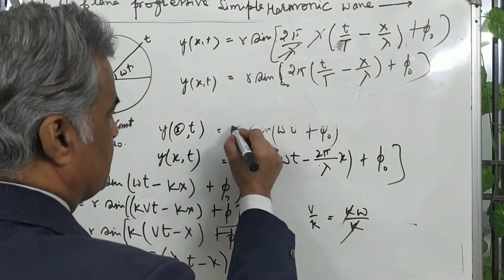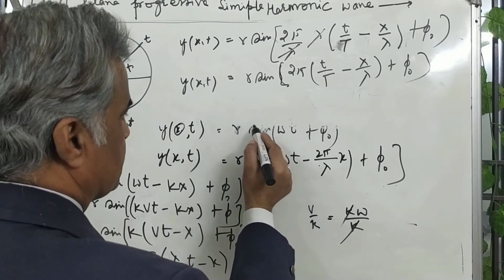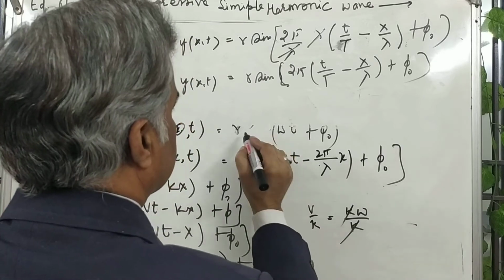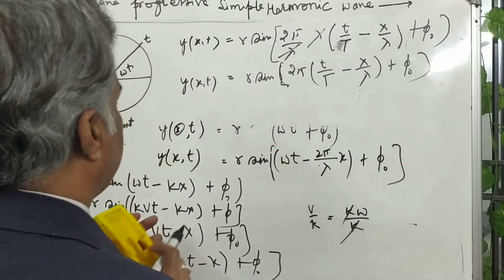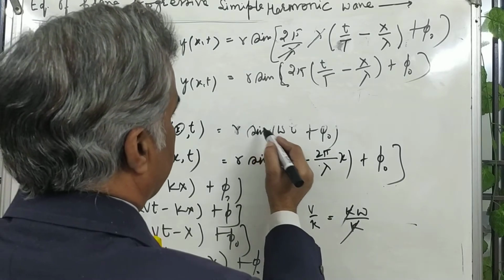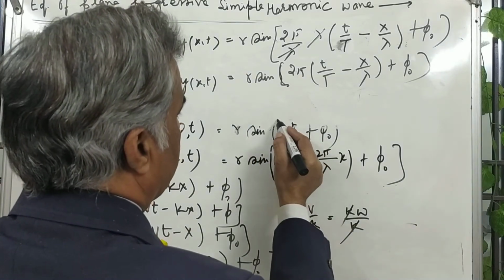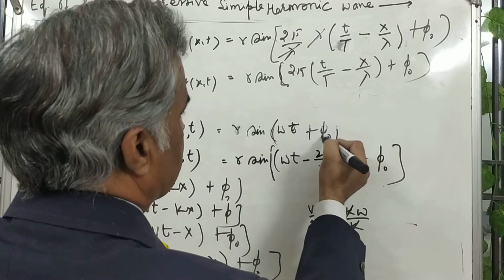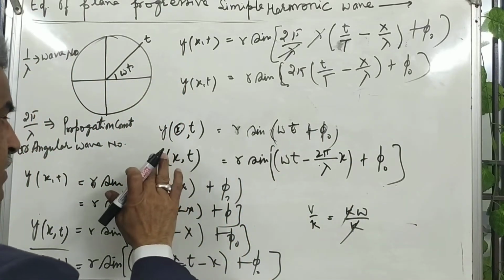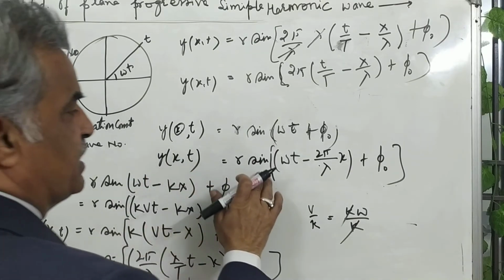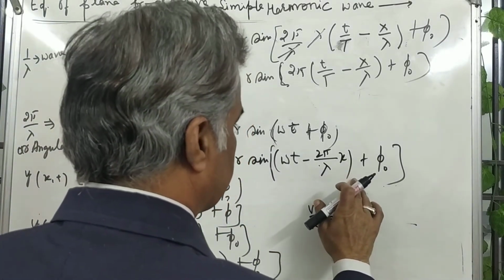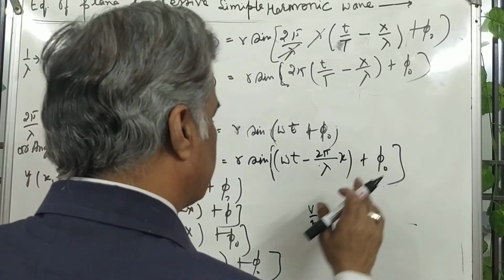This is r sine omega t plus phi naught, and this is the equation y(x,t) equals r sine of omega t minus 2 pi by lambda times x plus phi naught.